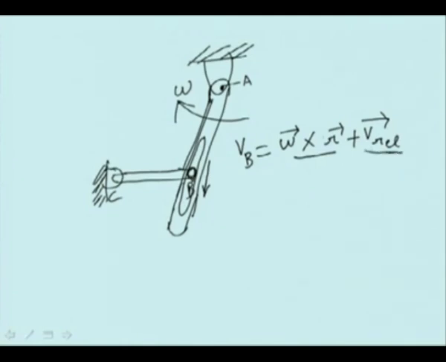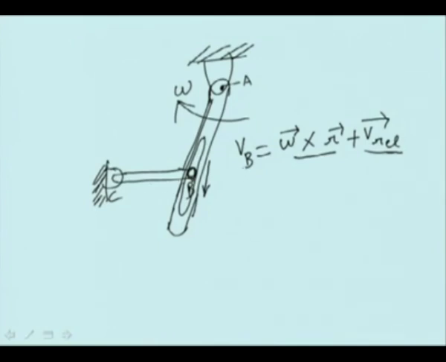Only the direction of VL is known, not the magnitude, but you know the other equation: the velocity of point B with respect to point C, whose direction is also given.